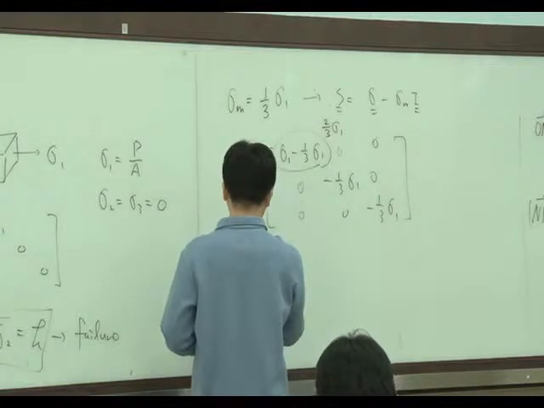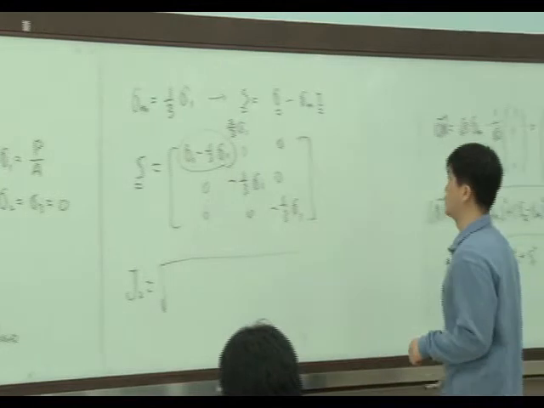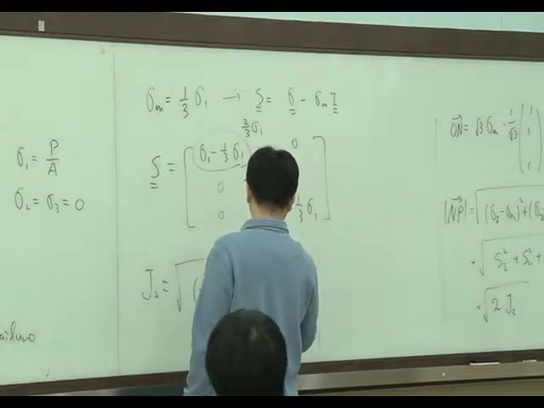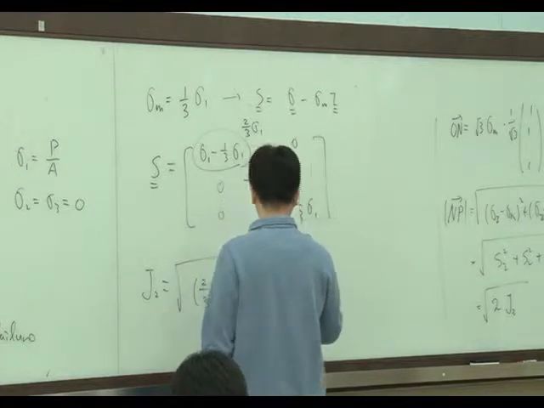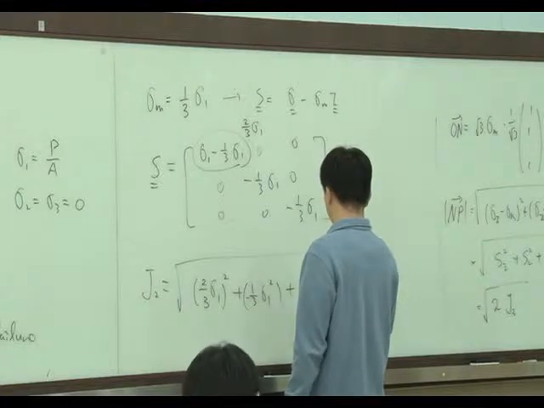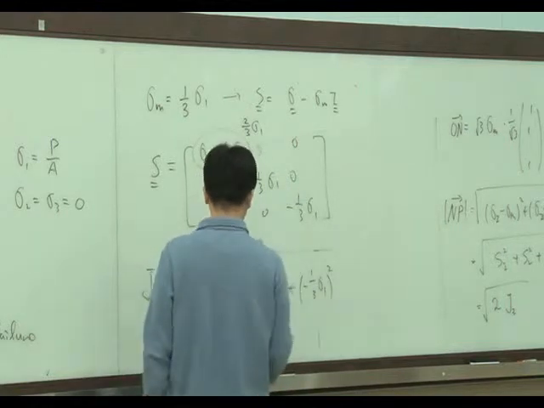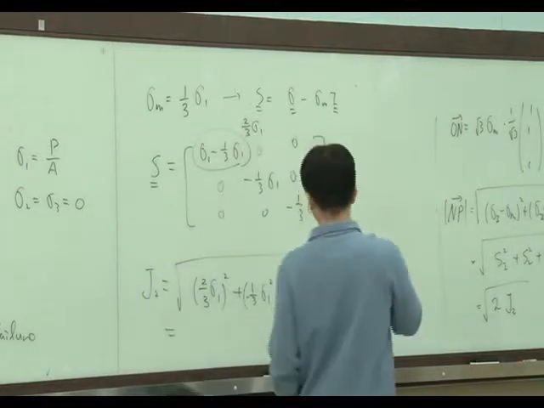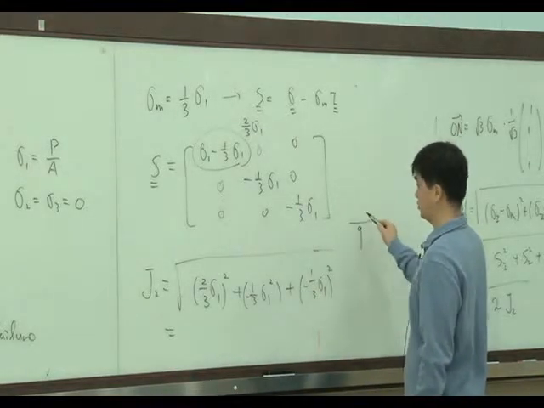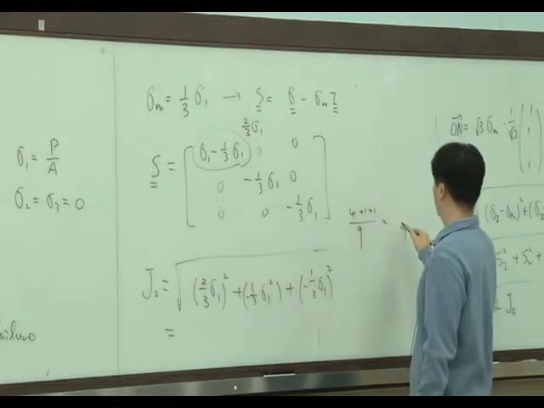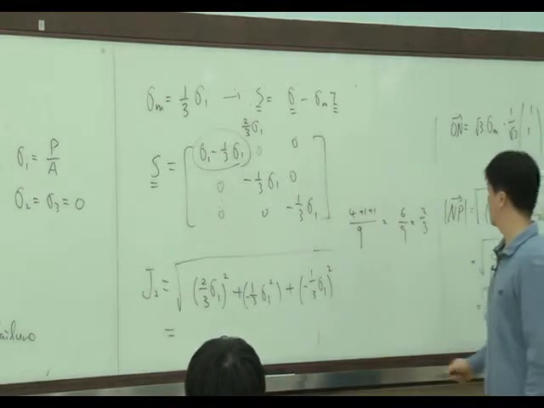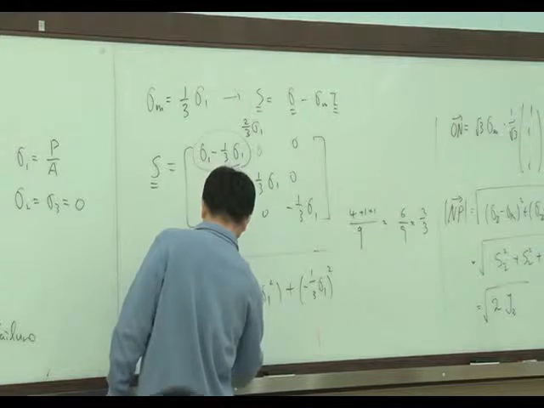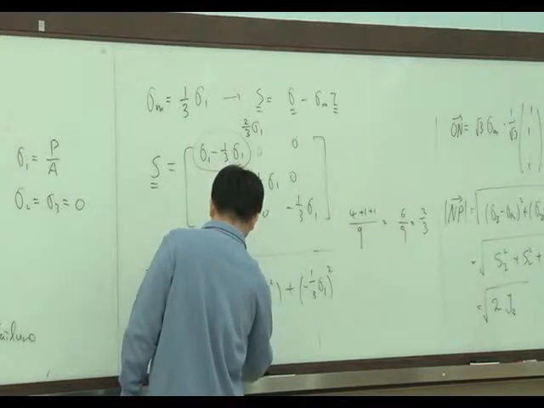What's the J2? J2 will be a scalar, and it becomes the sum of squares, right? Then it becomes 2/3 sigma 1 squared.